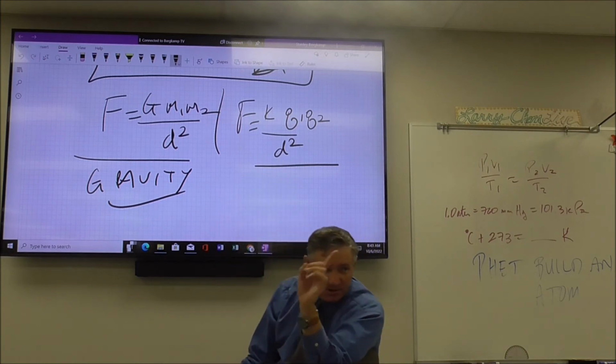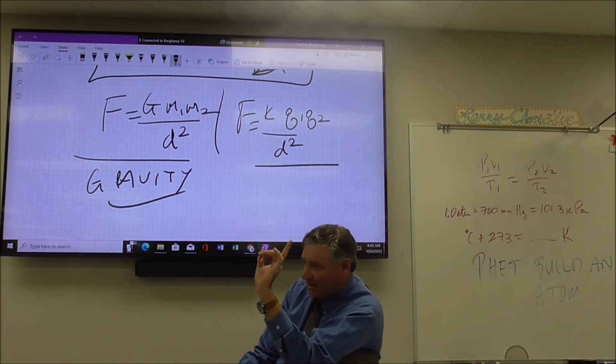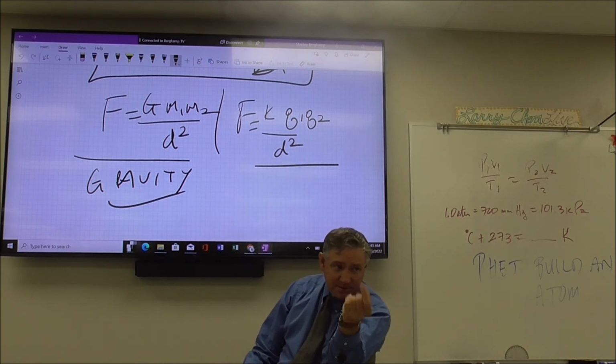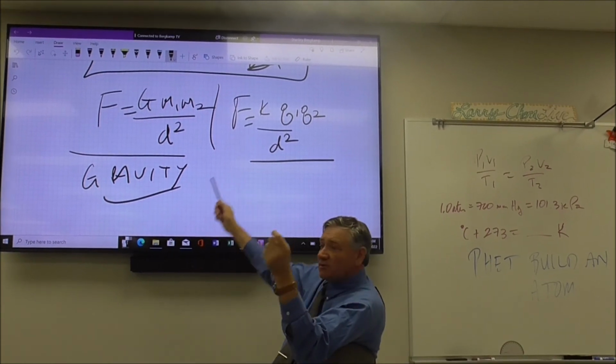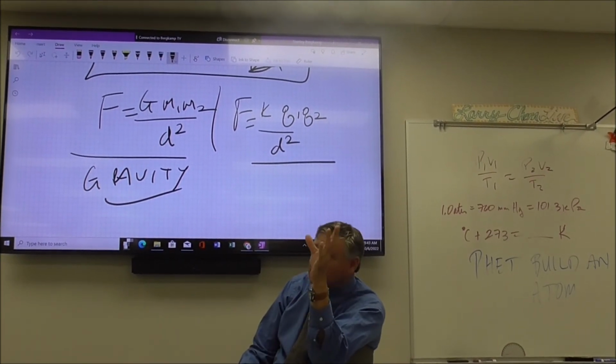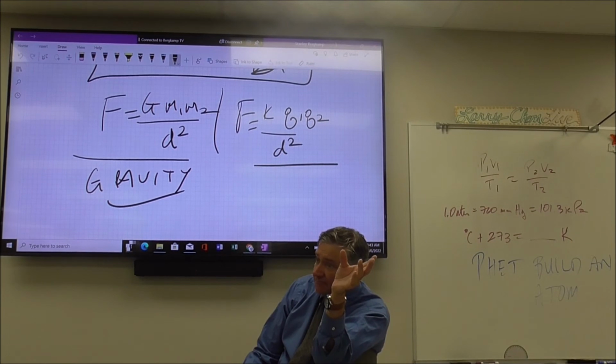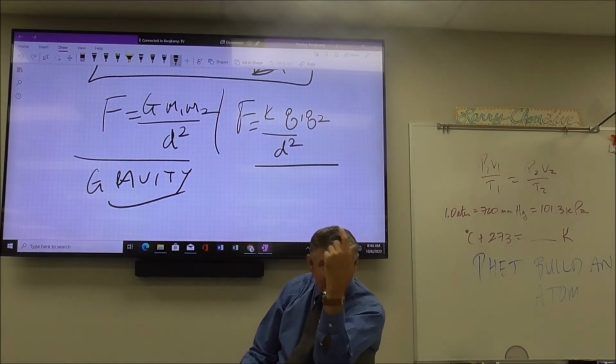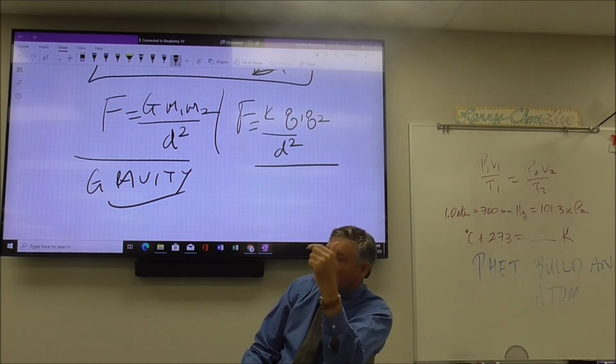So here's what I want you to see out of this equation. As your charges get bigger, as you have more and more charge, the force becomes bigger because you're multiplying by a bigger number on top. As the distance gets bigger, the force becomes smaller.